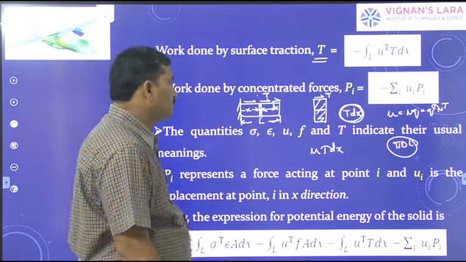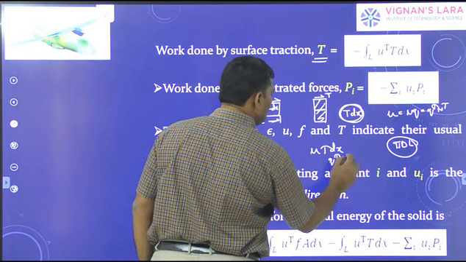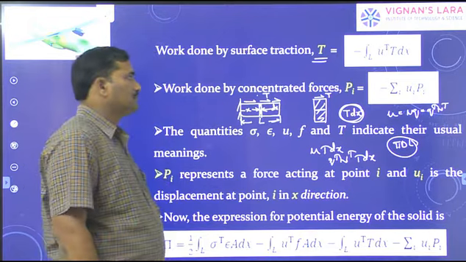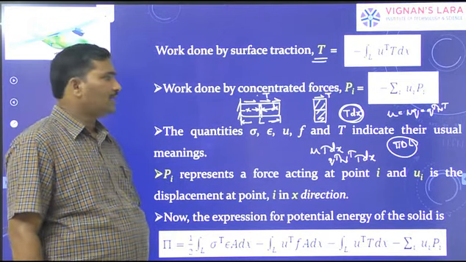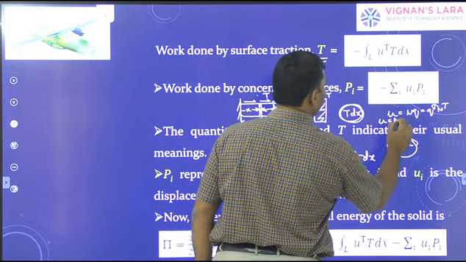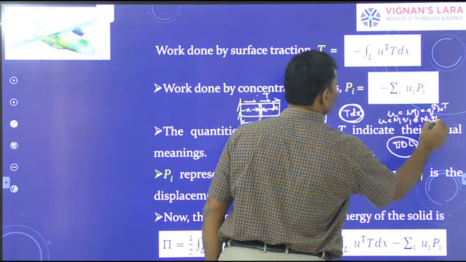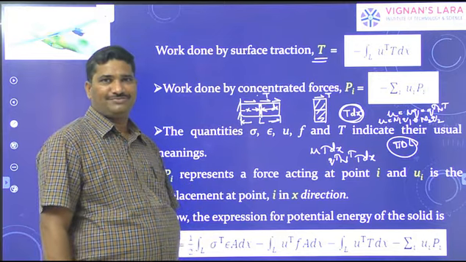Therefore, q transpose into N transpose into T into dx. Because u equals N1 q1 plus N2 q2, you can write u as u transpose.